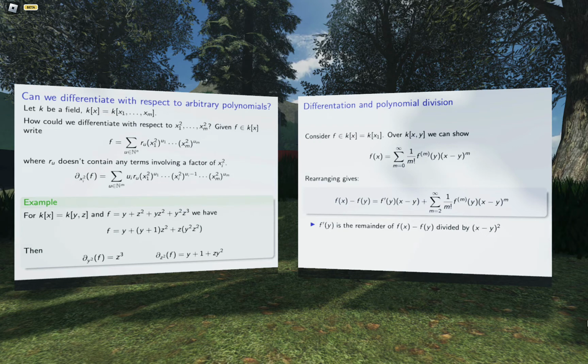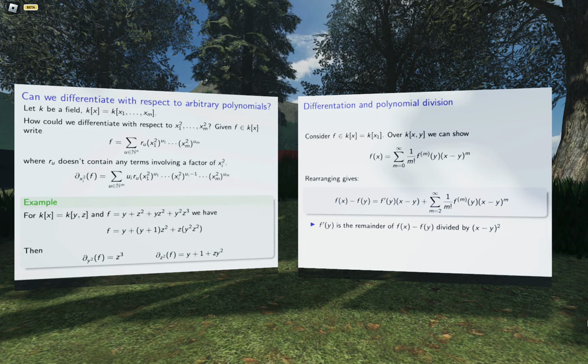So, for example, in a two-variable polynomial ring, take the polynomial f equals y plus z squared plus yz squared plus y squared z cubed. Then we can write f in this form, as a sum of powers of the variable squared. In this case, all the powers are 1.